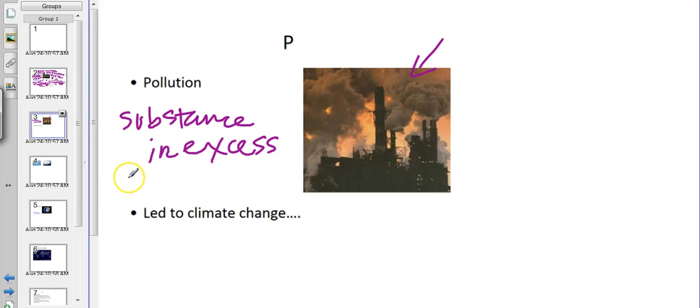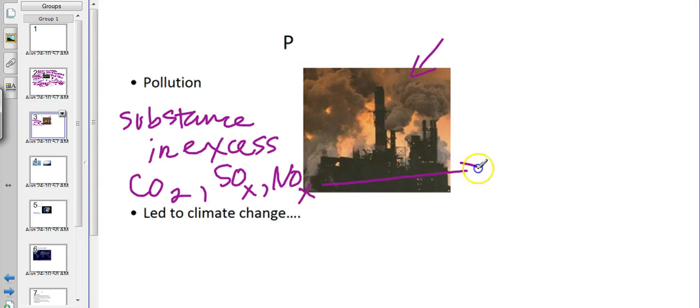One of the main pollutants in air is carbon dioxide, along with sulfur oxides, which we designate as SOx, and nitrous oxides, which we designate as NOx. All three of these are the byproducts of combusting fossil fuels.